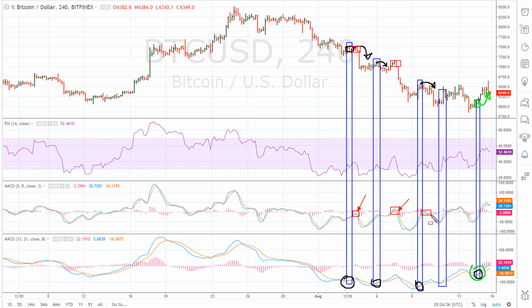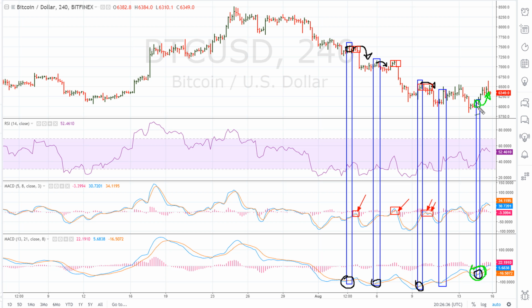You have rejection at the MACD zero line again, and you guessed it, you have price resistance. So some of the movement lower by Bitcoin over the last couple of weeks, frankly, are not a surprise, and we know that, right?